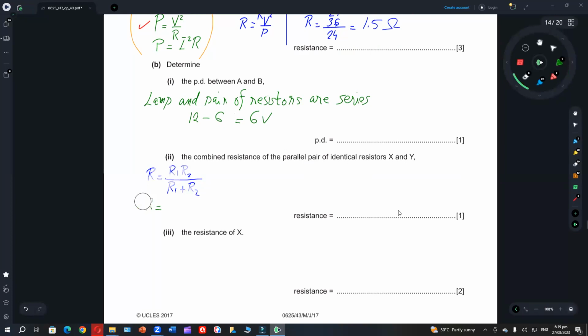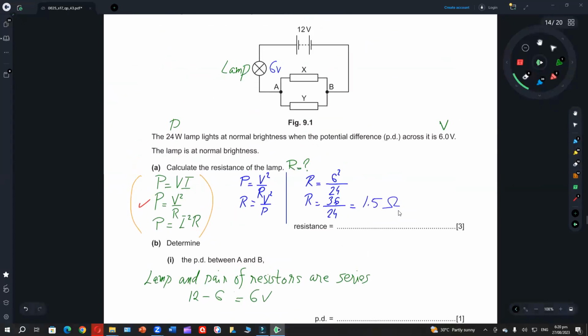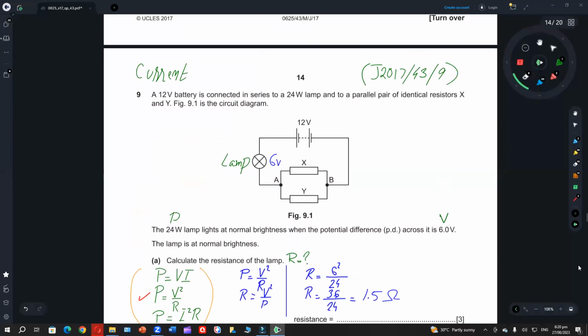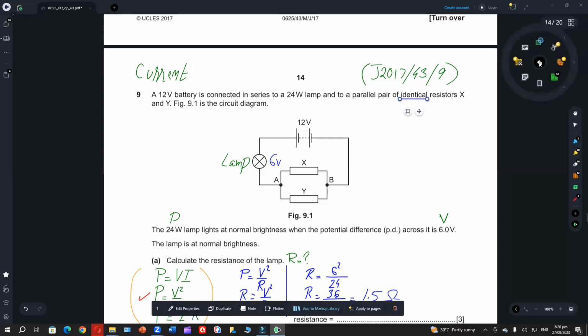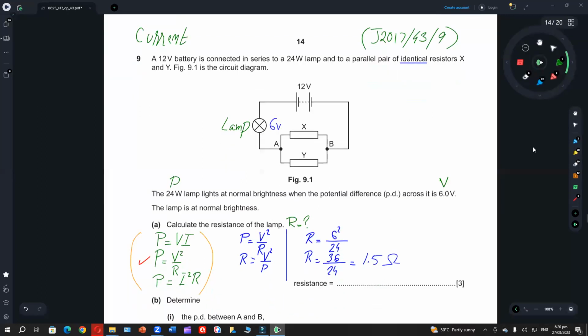How should I find the resistance? Examiner says parallel. It's a parallel pair of identical resistors.